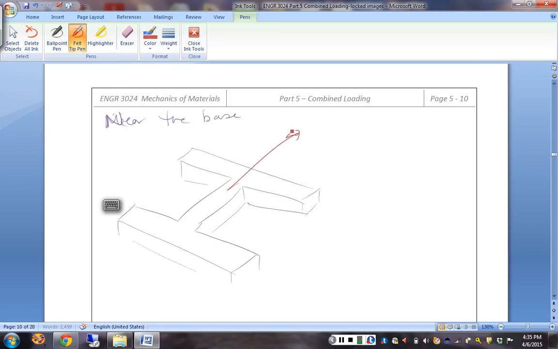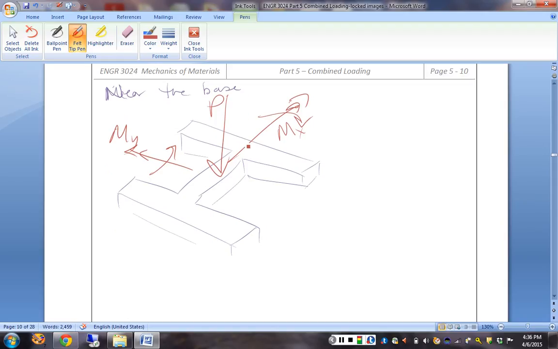We have a moment about our x-axis. We have a moment about our y-axis. And we also have straight downward this axial load. We know that the applied force F is 10,000. But we're actually going to remember that this I-beam has weight of its own pressing down on its support. So we're going to add that in, and we have to figure out what the numerical values of these are.